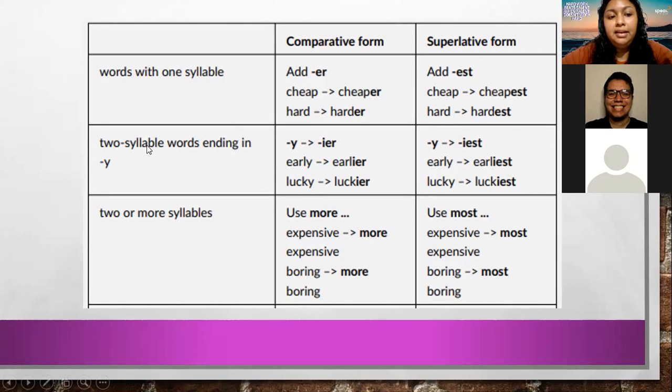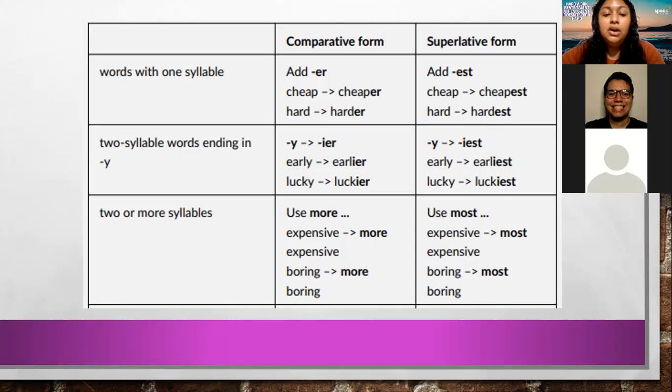Then we have another example. Tatiana, what's the second situation? Two syllable words ending in y. Very good. The comparative form is y to -ier. Examples: early, earlier; lucky, luckier. And the superlative form is -iest. Examples are early, earliest, and lucky, luckiest.